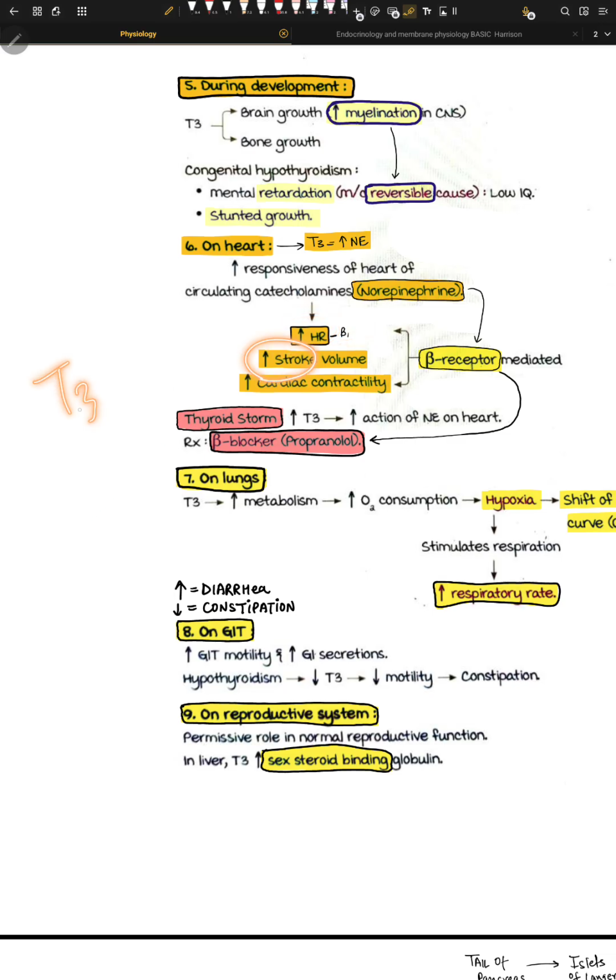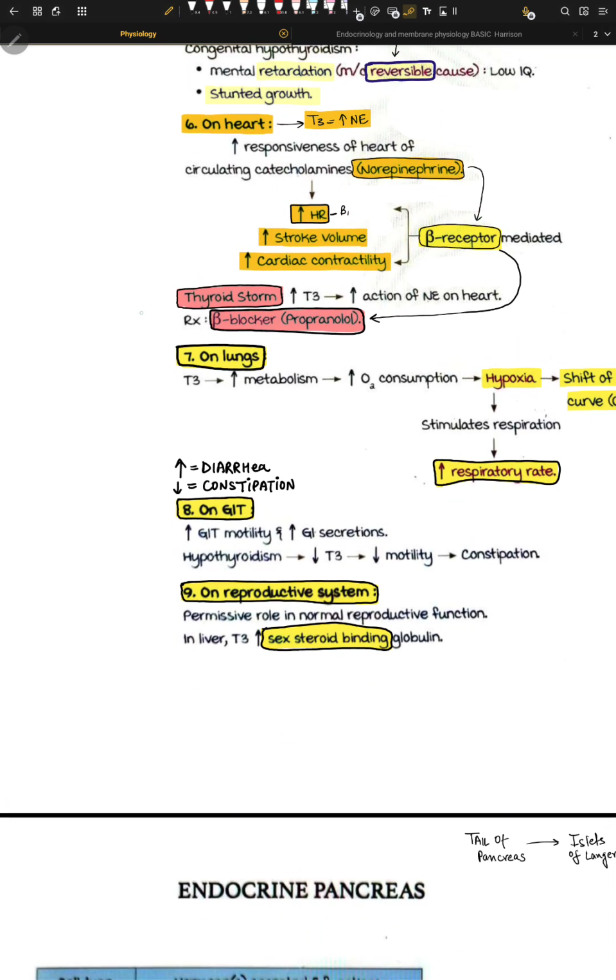Again, we know T3 is catabolic. It increases the level of norepinephrine. It's a catecholamine. This increased norepinephrine goes to beta receptors and it increases heart rate, increases stroke volume. What is stroke volume? Stroke volume means on every stroke how much volume of blood the heart is pushing. So that's stroke volume. Other thing is that cardiac contractility increases, right?